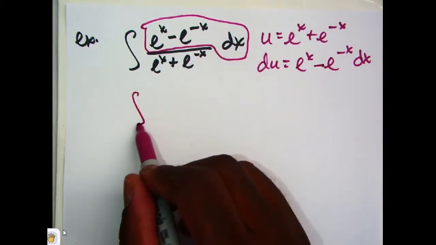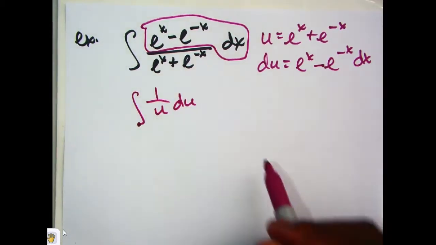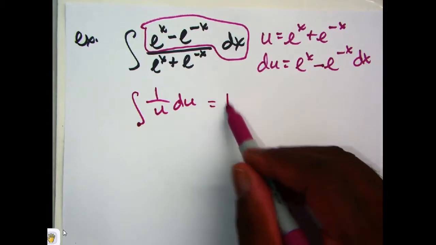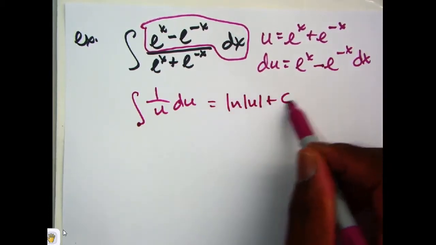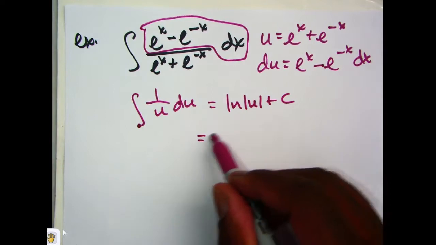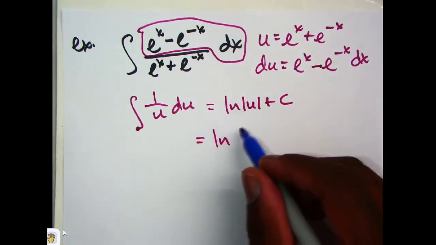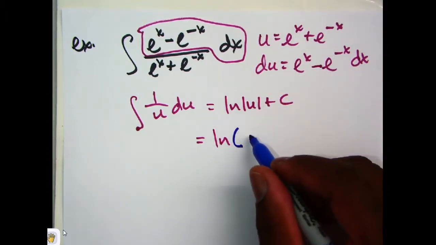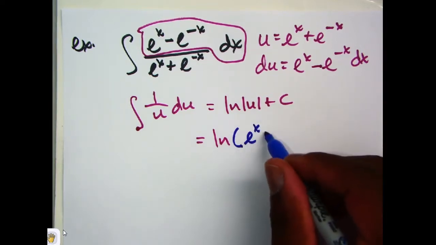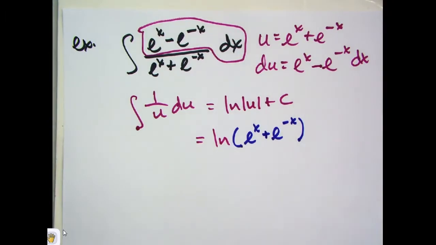So this now becomes the integral of 1 over u du, which is natural log absolute value of u plus c. And now we're going to back substitute. So that's the natural log of, and I don't need the absolute value anymore because e is always positive. So that's natural log of e to the x plus e to the negative x, and then plus c.